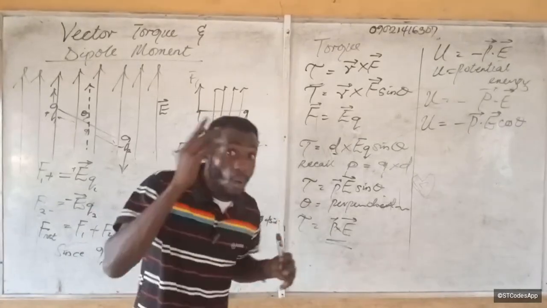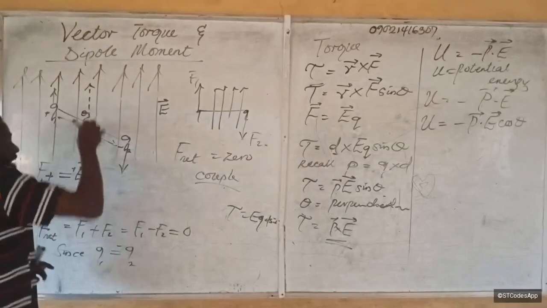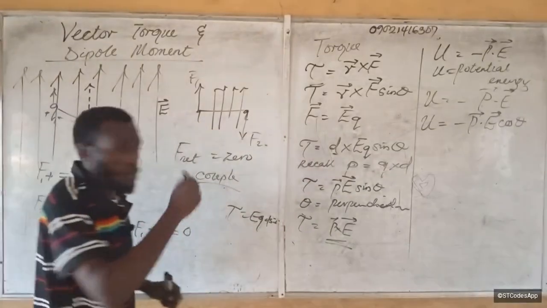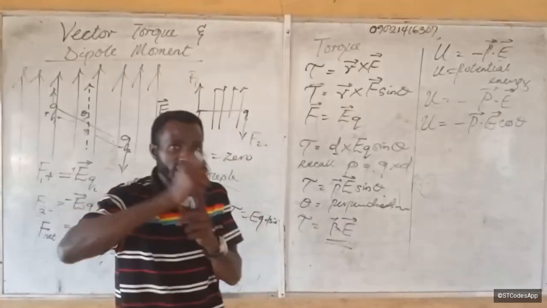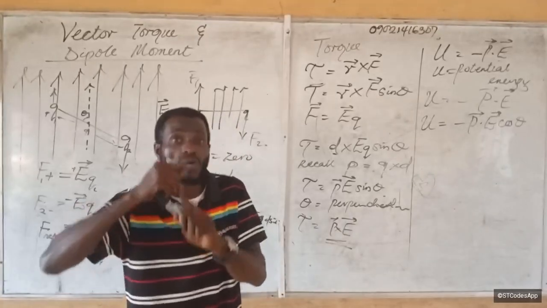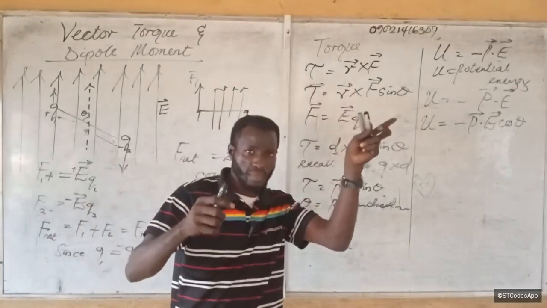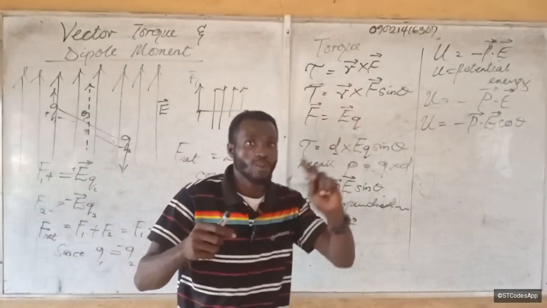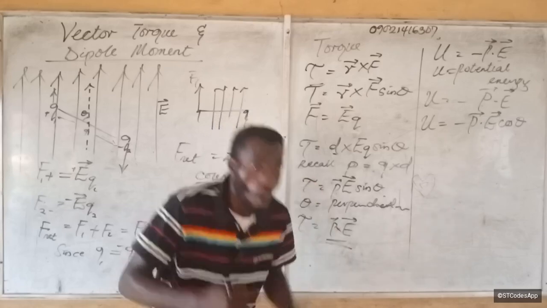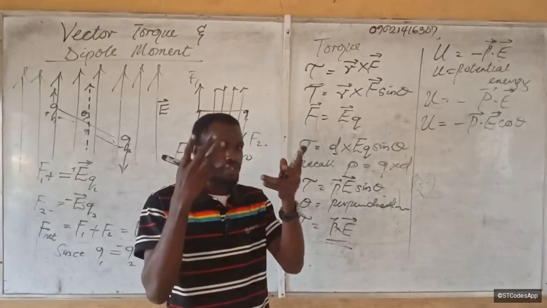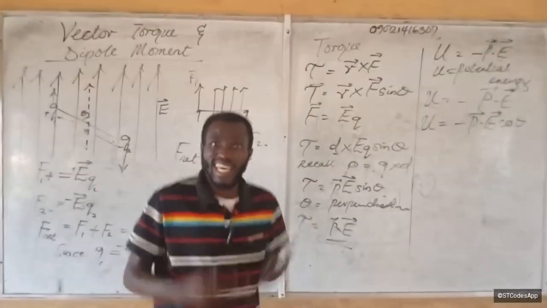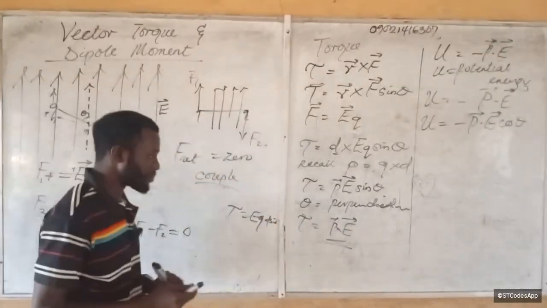Let me reverse it. What if we now have to rotate the body against the field? If you rotate the body, it means that the dipole is now doing work against the field. So because of that, the potential energy of the dipole will be increasing. Do you understand now? Because you are doing work against it. I've explained potential energy before.